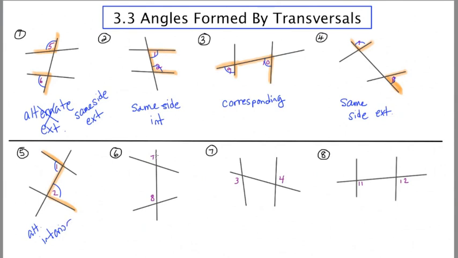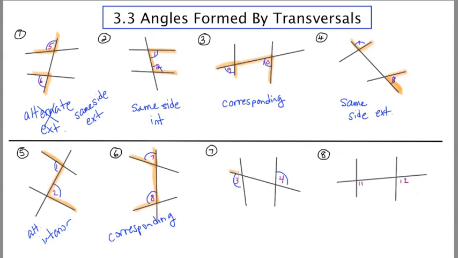Okay, and then number 6, we focus on angle 7 and angle 8. Highlight, highlight, highlight, highlight. Now it's upside down, but I do see an F, and an F is corresponding. Corresponding.